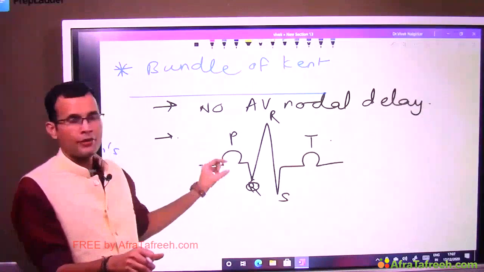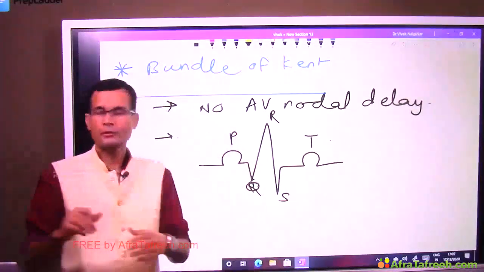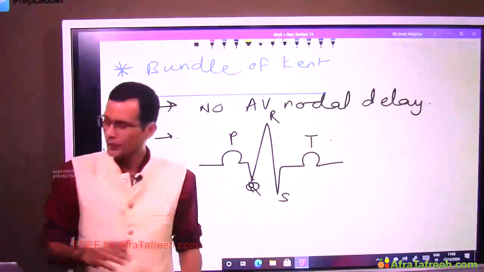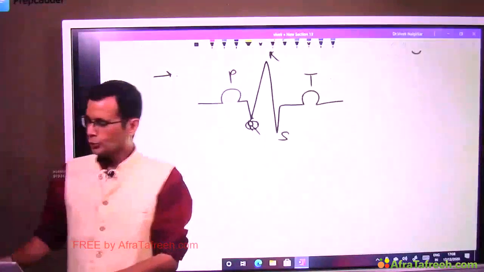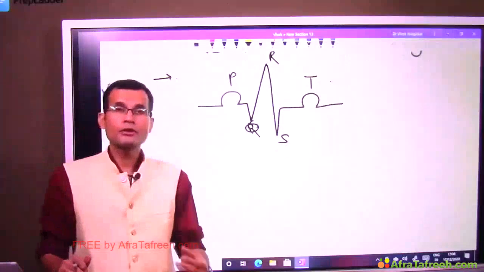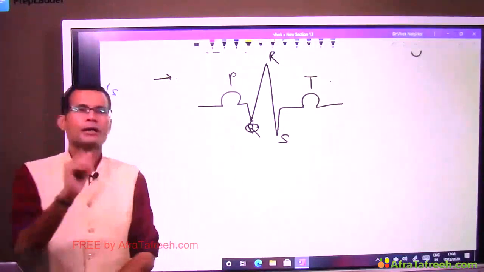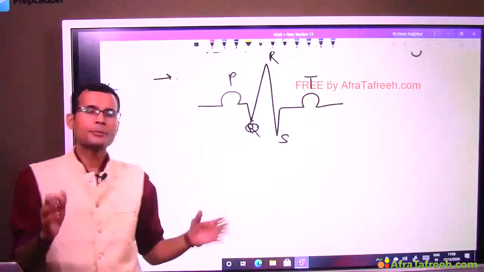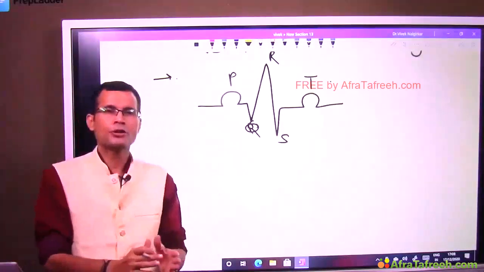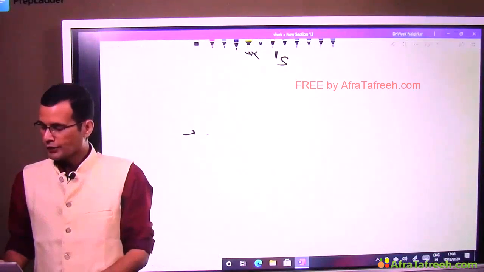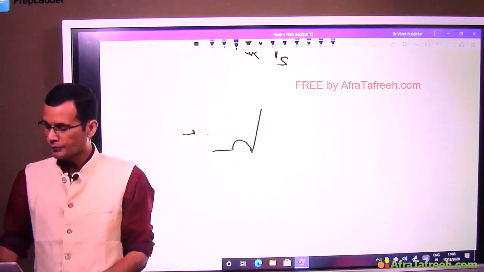See, P wave is atrial depolarization, and QRS complex is ventricular depolarization, and the duration between the two is because of the AV nodal delay. So, in those individuals who have this bundle of Kent, the PR interval will be very shortened. Therefore, it gives rise to the so-called delta wave on the ECG.